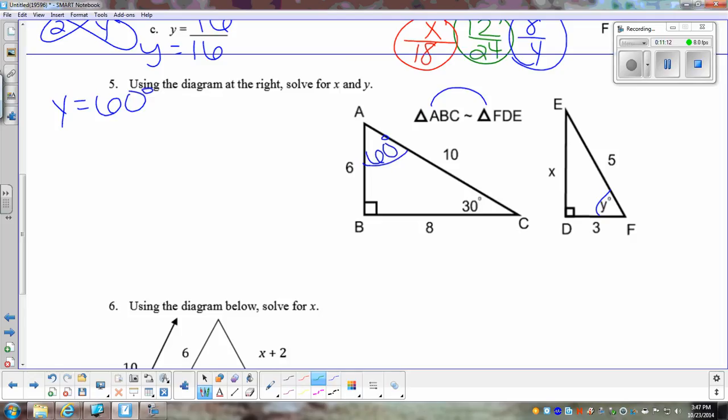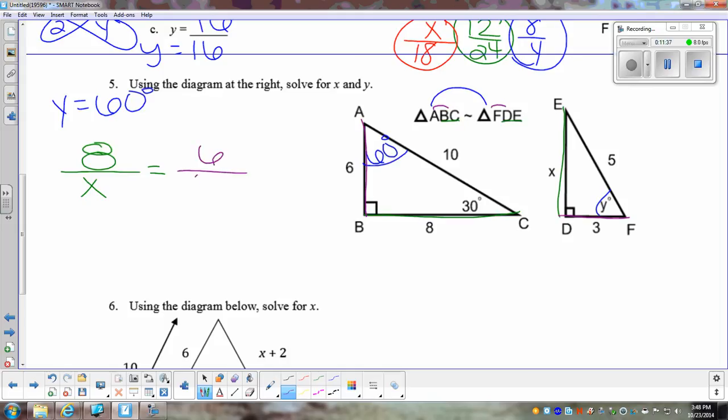So for x, I know that's ED. So ED is going to go with BC, which is 8. So 8 over x is going to equal, well, let's see, I know AB goes with FD.